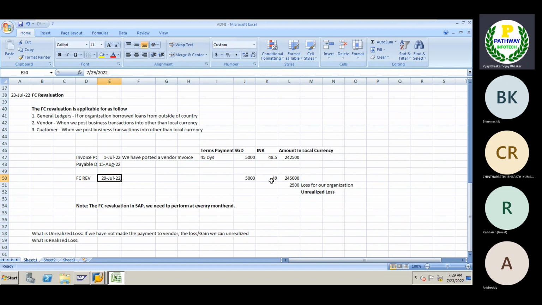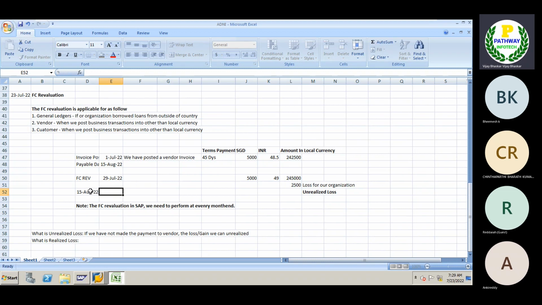Whenever we make the payment to that particular vendor, then only we will come to know. Let us assume the due date, sorry, 15th of August. On 15th of August, we are making the payment to the vendor. While making the payment, we have to pay the same 5,000 Singapore dollars only.